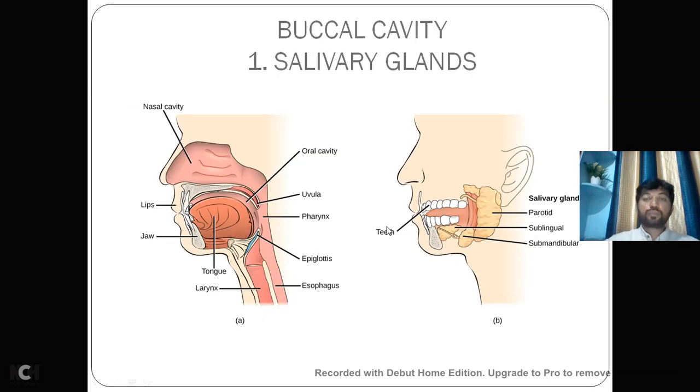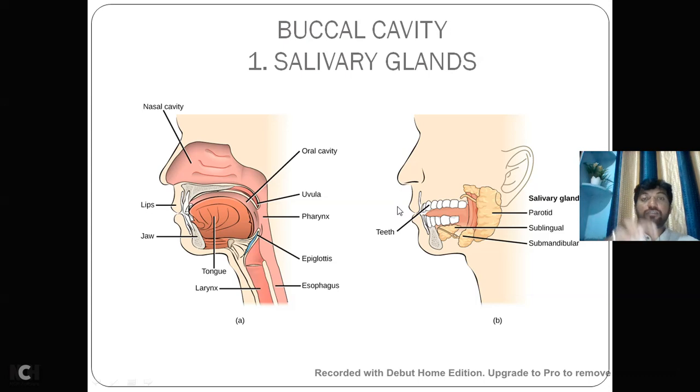When we keep the food particle in our buccal cavity, in our mouth, our teeth start breaking that food particle. The food will be in a complex form that will be broken down into simple form, right? This is called mechanical digestion.